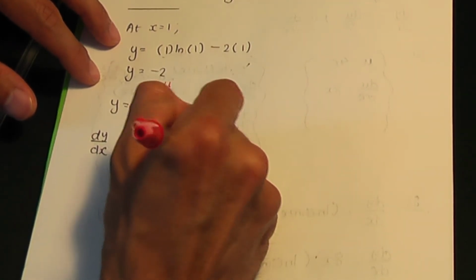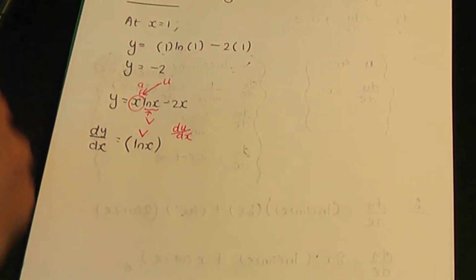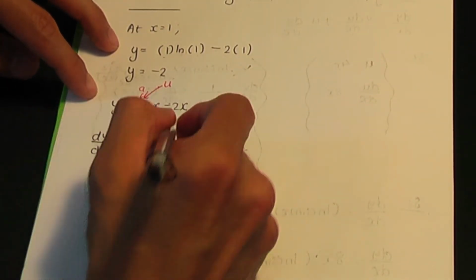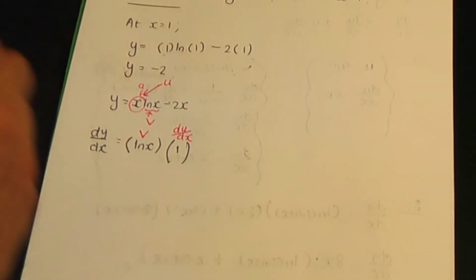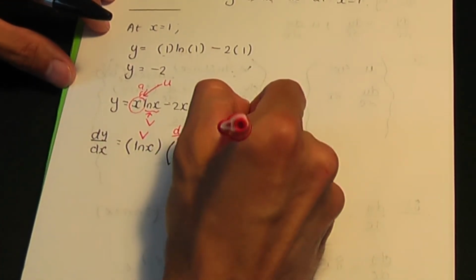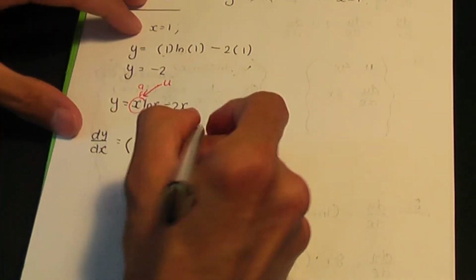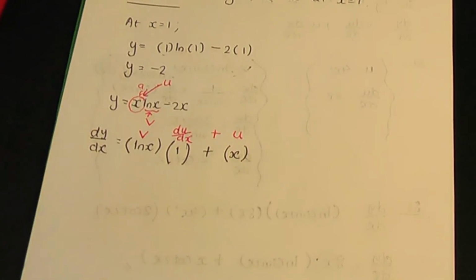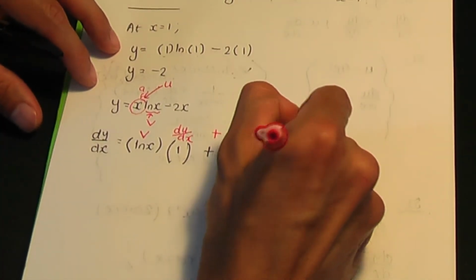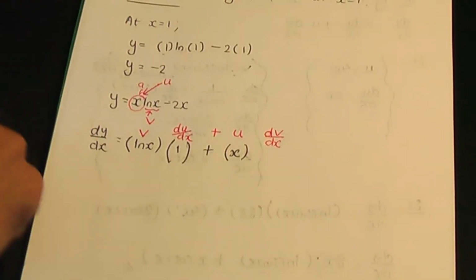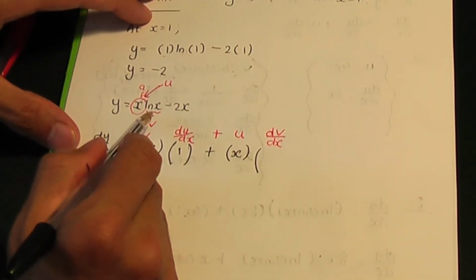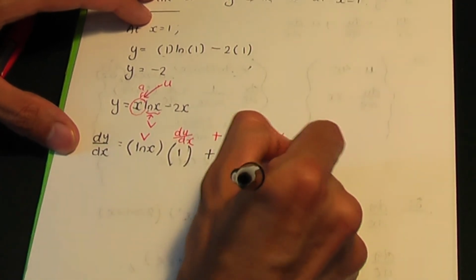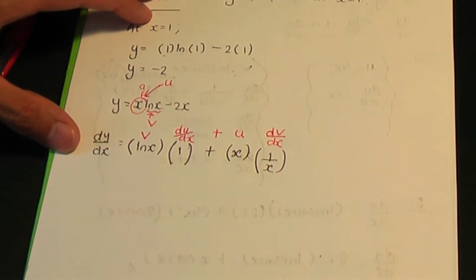So du over dx, and my u is x, so I want to differentiate x, it's 1, okay, plus u, so plus, and my u is x, times dv over dx. So my v is ln x, and I want to differentiate ln, that's the standard result, 1 over x, okay?